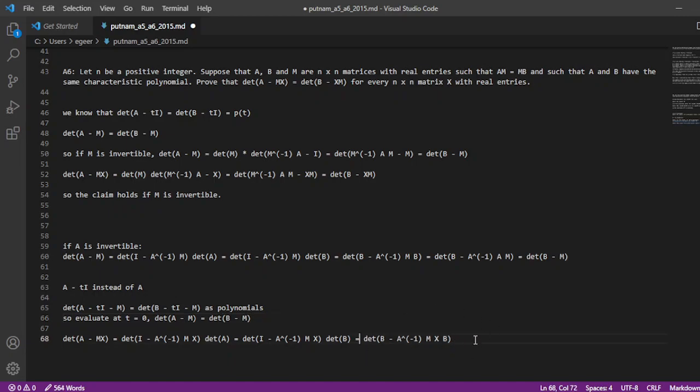Right, this is not the result I want to prove. So this trick works to prove that these are equal polynomials, which is nice, but it doesn't quite give me what I want here.